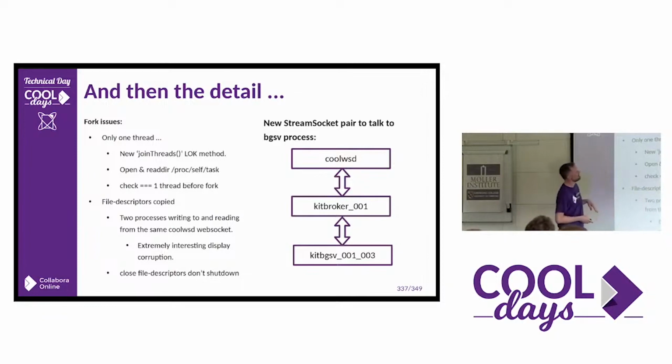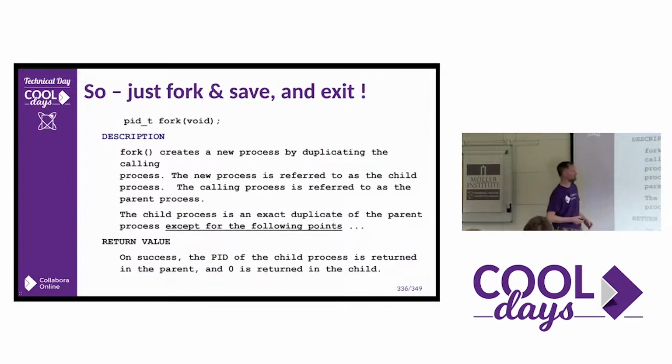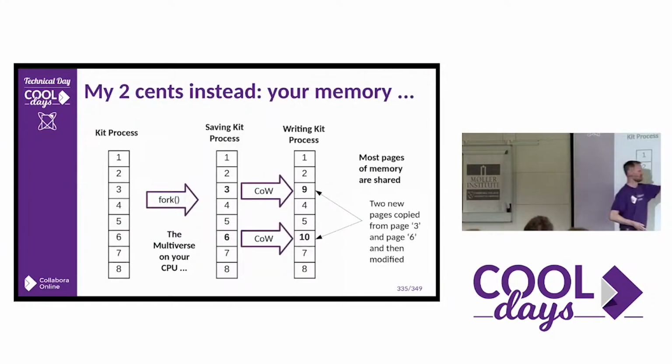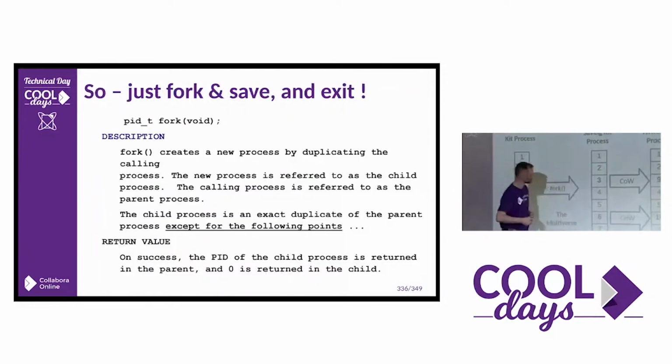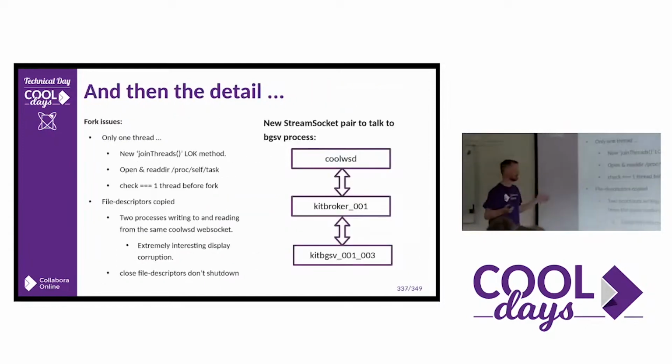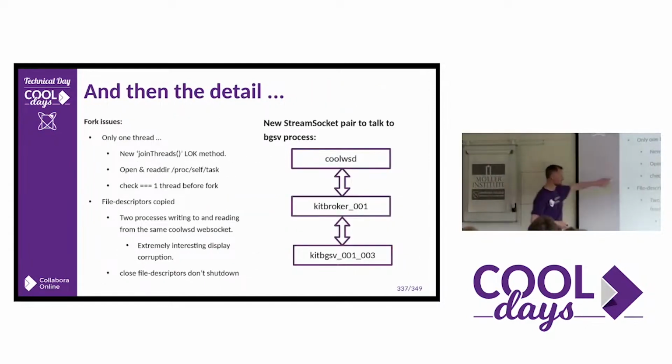We duplicate all the file descriptors when you fork. This is quite exciting, because if you can imagine both processes trying to answer the same questions, both connected to the JavaScript at the end, both getting the same keystroke, processing it and sending different diffs back, you get very interesting psychedelic screen effects. So you need to close all the file descriptors that you don't want.